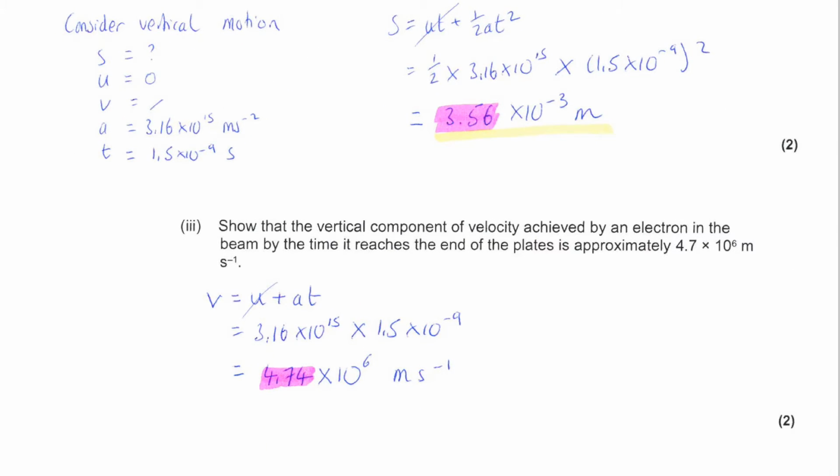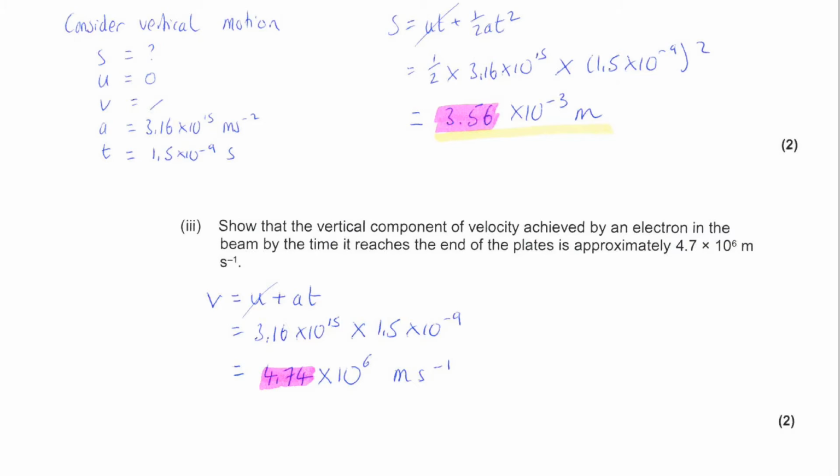Next, you are asked to show that the vertical distance travelled by an electron as it passes between the horizontal plates is approximately 3.6 millimeters. Here you can start to think about the fact that the horizontal and the vertical motion are independent.